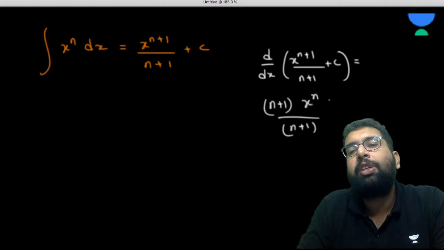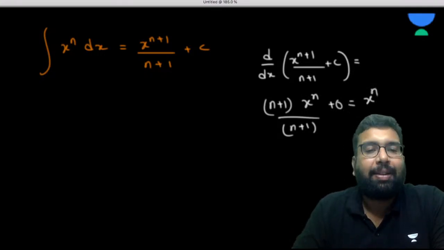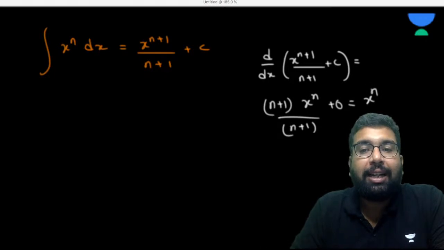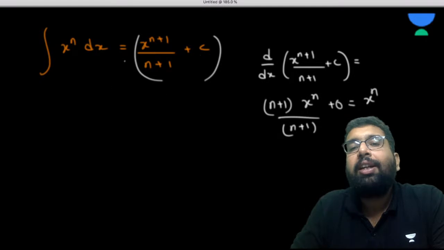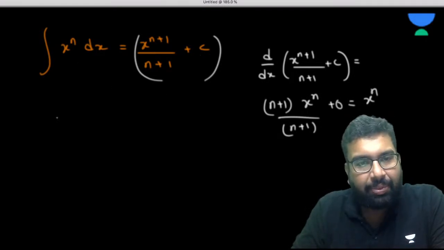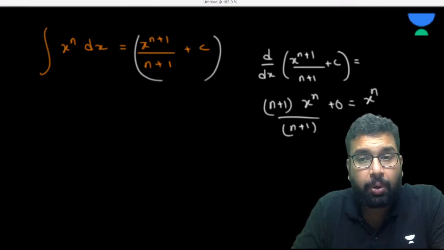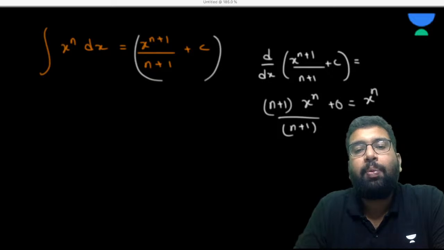The differentiation of c will become 0 because it is a constant. So we get x to the power n. So when we have integrated x to the power n, we get this result, and if we differentiate this result, we get the function again. That is why integration is the reverse of differentiation. I hope it is fine to everyone.